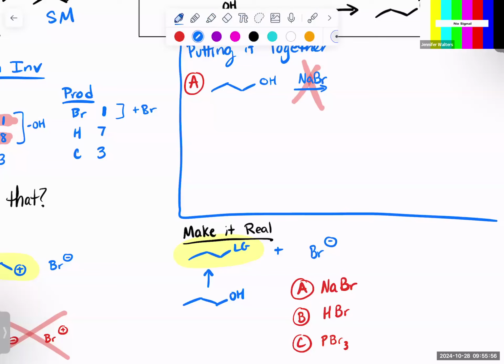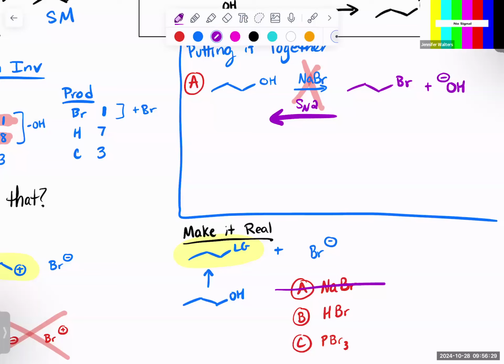So why doesn't it work? Yeah, the alcohol isn't a good leaving group. You're trying to do SN2, but what you're doing is creating something that is a good leaving group and a really reactive reagent. So we said that that is only going to go backwards, so that did not work. That takes away the sodium bromide. That'll only be okay if you do it in 2 steps.